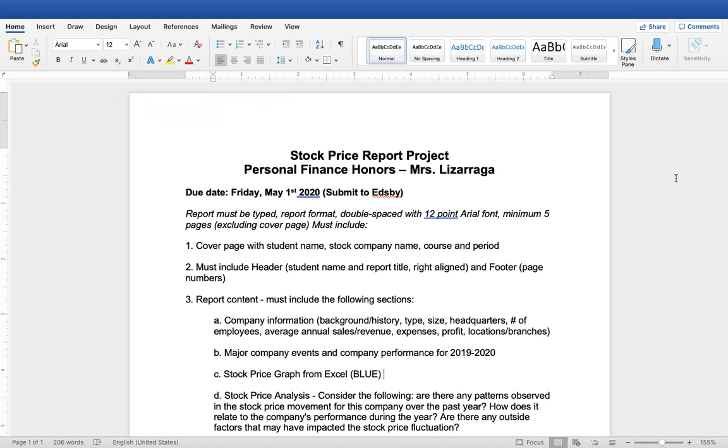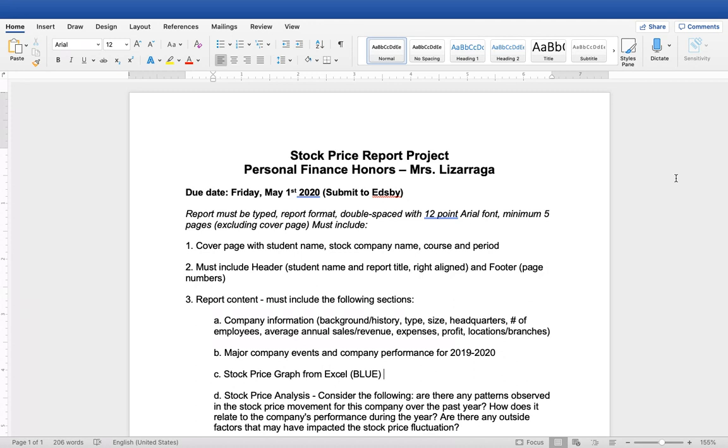So this past week you were tracking your stock for the last week, and you were supposed to submit on Adsby the final spreadsheet with all the data and your graph showing the movement of the stock for that particular company during the entire school year from August all the way through to now, to April.